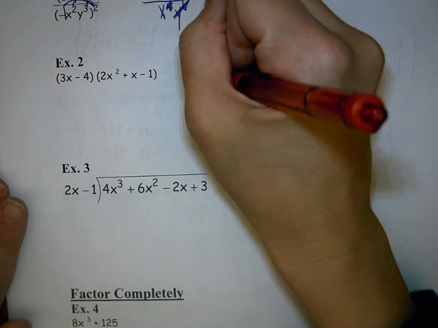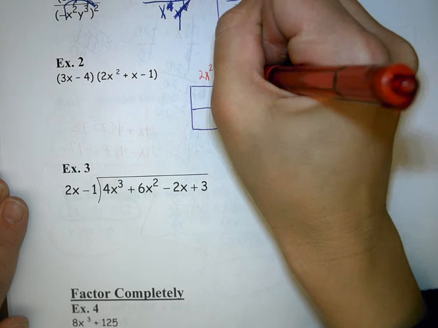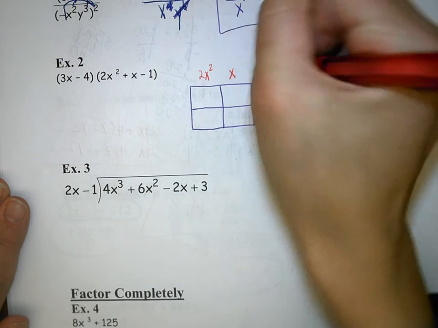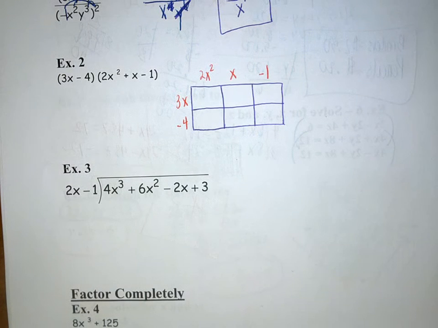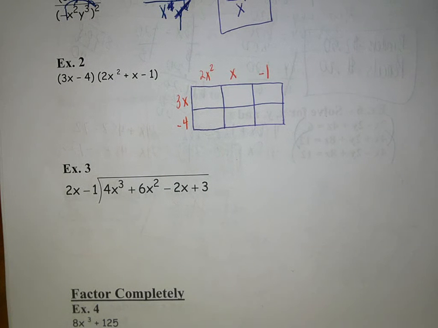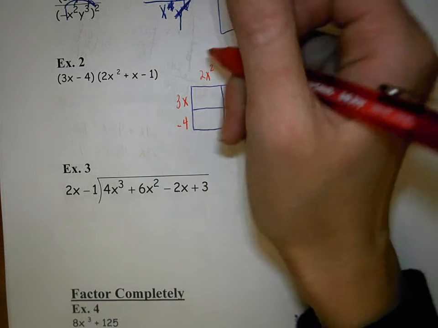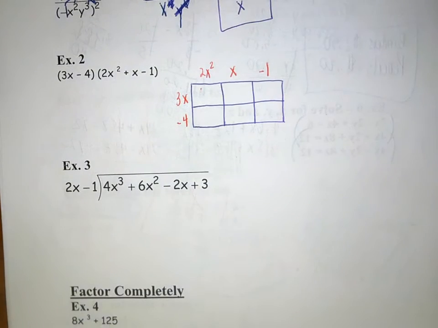So along the top here I have 2x squared, a positive x, and a negative 1. And along the side I have a 3x and a negative 4. Be very careful that you write the signs, especially the negatives. And then you're going to multiply it out, which it looks like most of you are already doing. So this first box, do you guys want me to wait a minute?